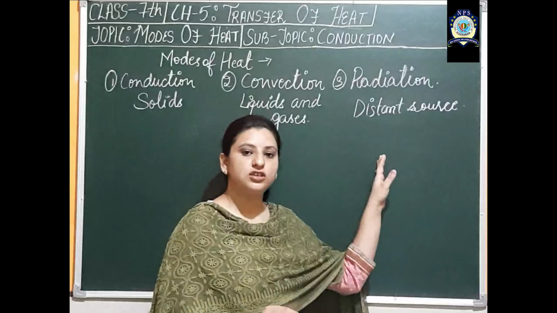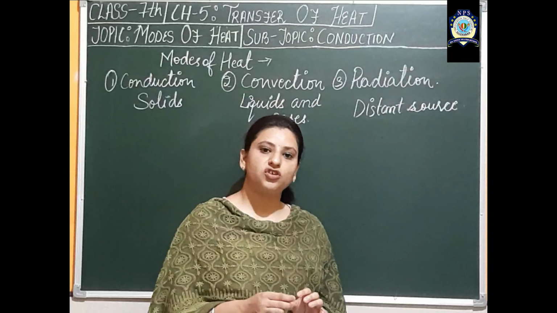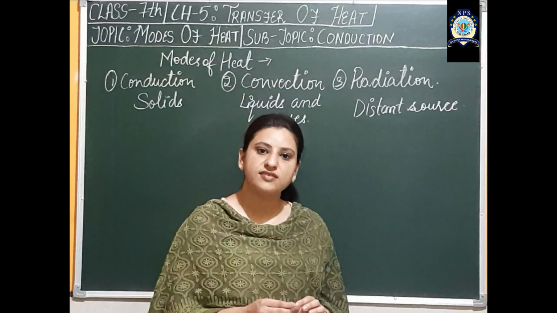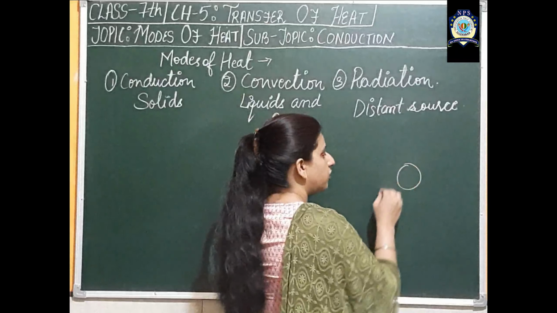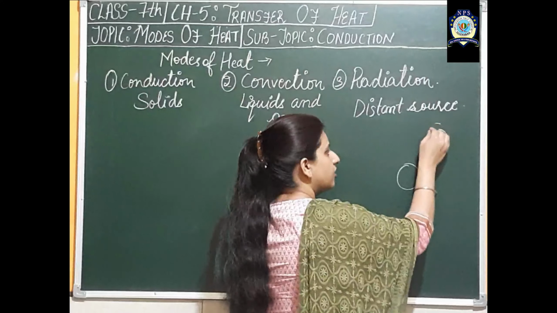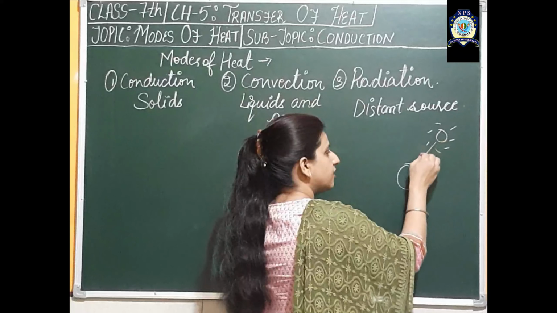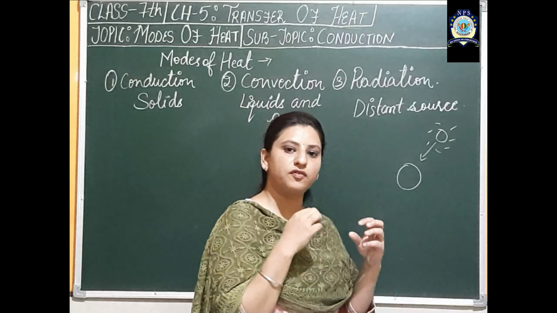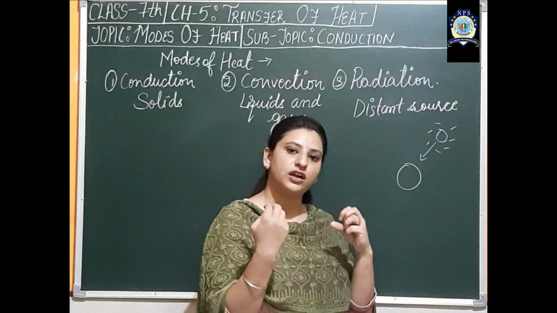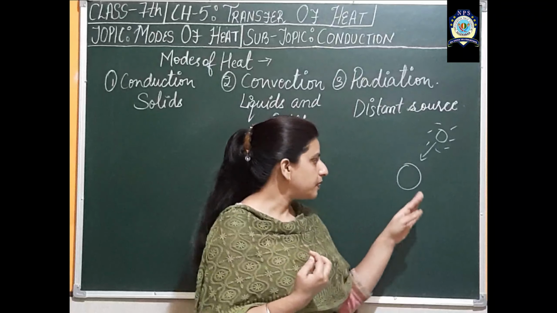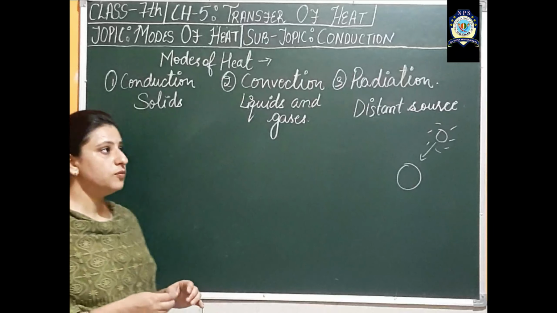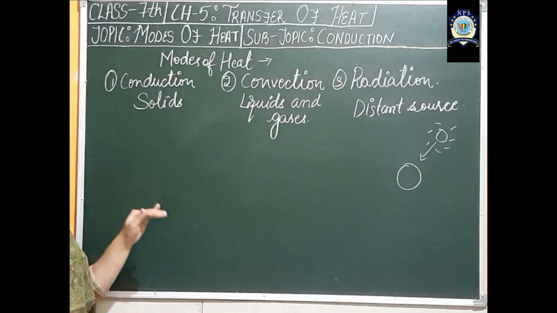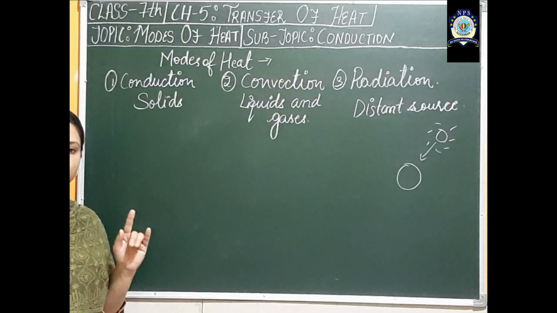And in case of radiation, the heat is gained by an object from a distant source. For example, the earth, if I draw here the earth and this is the sun, so the sun is giving its energy in the form of heat and light. There is no direct contact between these two things. So this type of transfer of heat is called radiation. So conduction, convection and radiation, we are going to discuss the first.